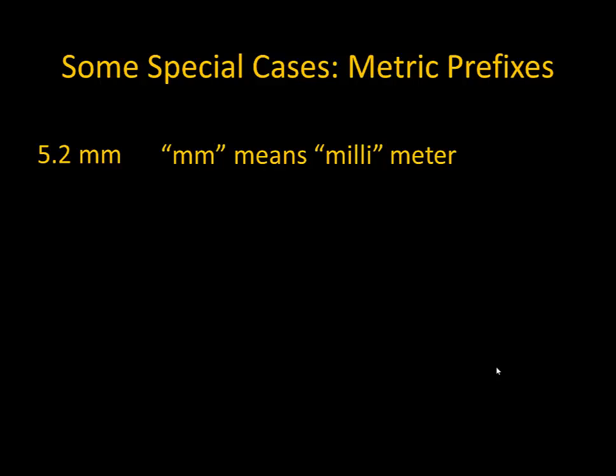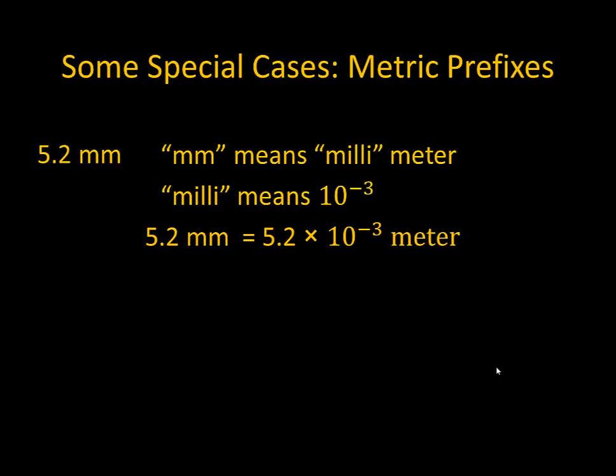And in the metric system, that milli has a particular meaning. It means 10 to the minus 3. So you can replace that first M with times 10 to the minus 3. And 5.2 millimeters is 5.2 times 10 to the minus 3 meters.